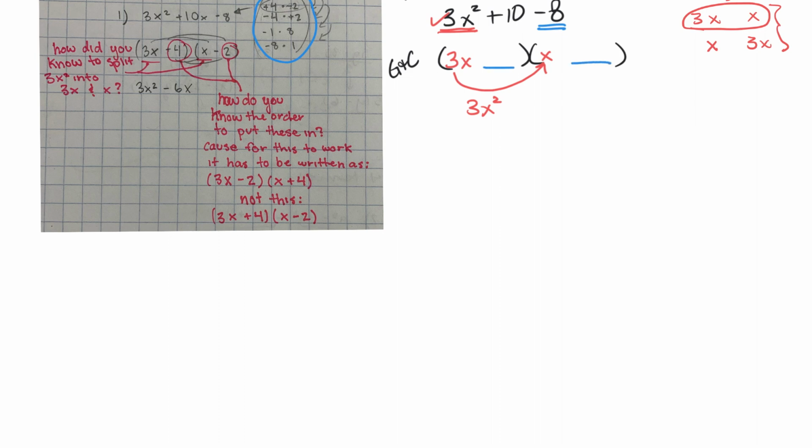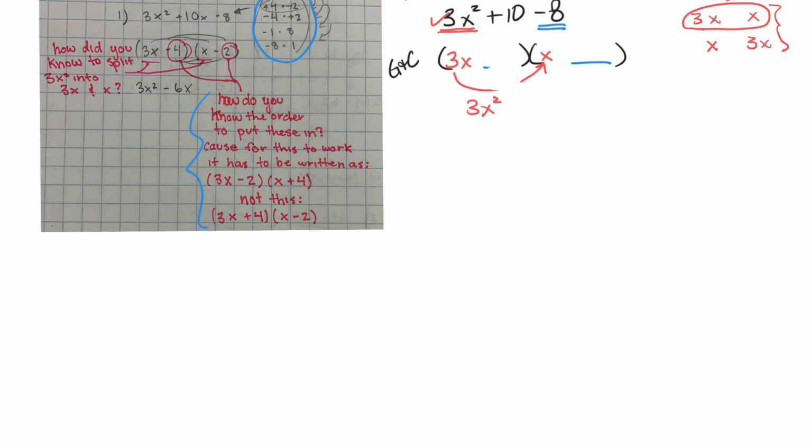And the question down here is an excellent one, because how do you know if you're going to use the 4 and the 2? How do I know that I put a 4 here and a 2 there versus putting a 2 here and a 4 there? Well, you don't really know to begin with, because you're just guessing and then checking. So it doesn't really matter which one you start with, because you have to check to see if it works or not.